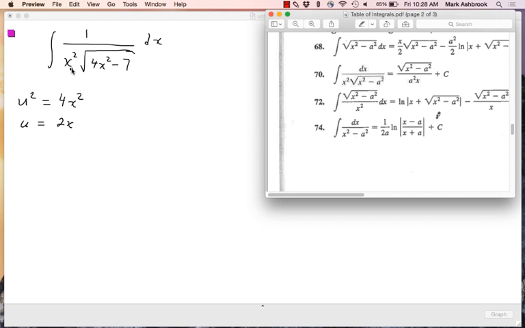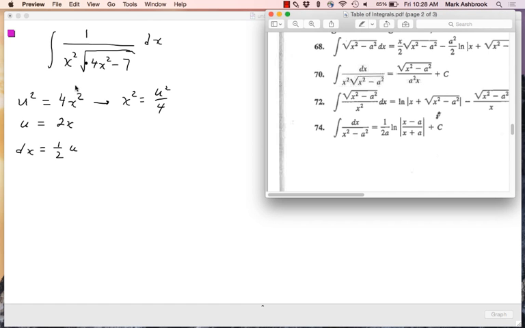And then we need to know what x squared is. What is x squared? U squared over 4. And we're going to need to know what dx is. Well, dx, from this one here, is going to be 1/2 du. If I solve this for x, it'd be u over 2, so dx would be 1/2 du.